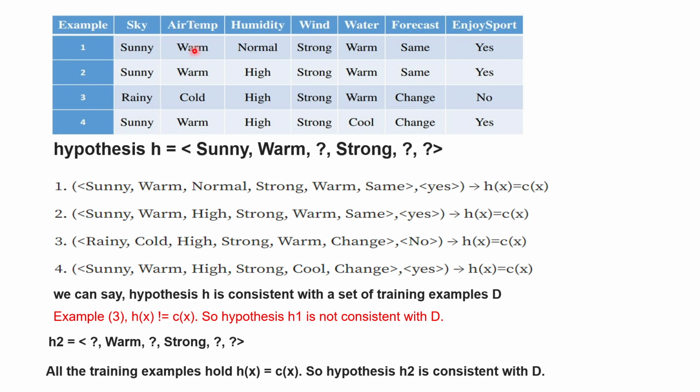Air temperature can be warm or cold. Humidity can be normal or high. Wind can be strong or normal. Water can be cool or warm. And forecast can be same or change.